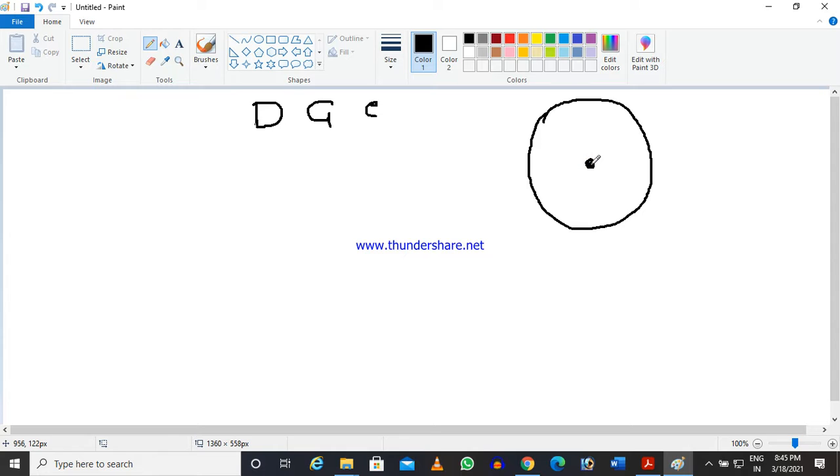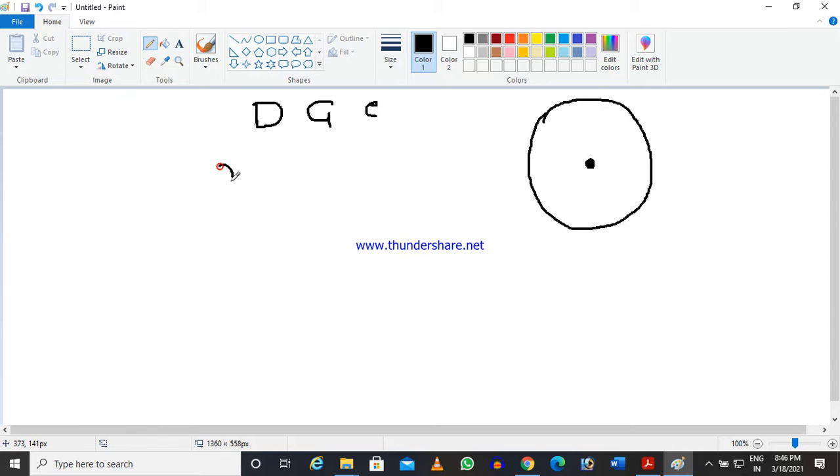Sorry, one revolution. So in one revolution, if we divide it by 360 times, then each step will be called 1 degree. In grade, same thing, it is 400 steps, and in radian it is 2 pi.